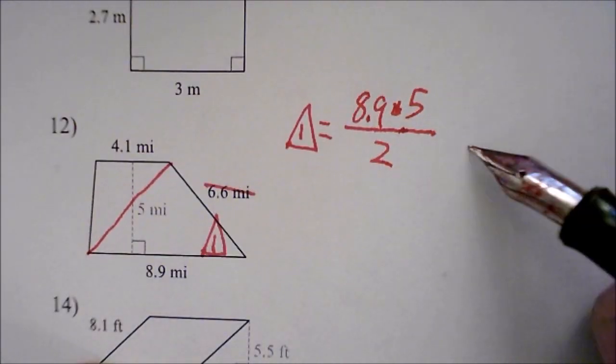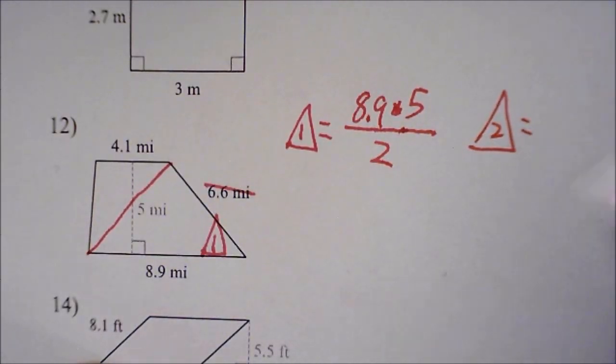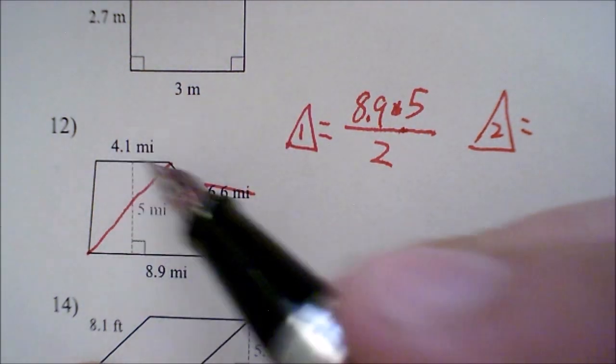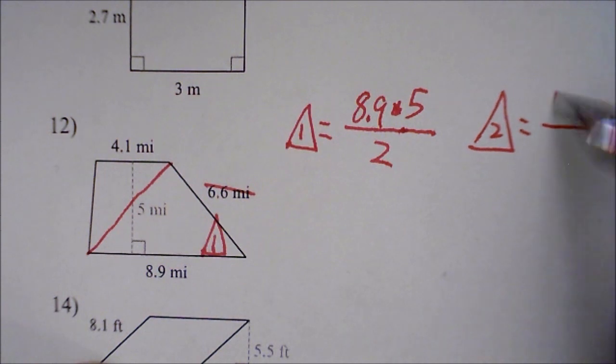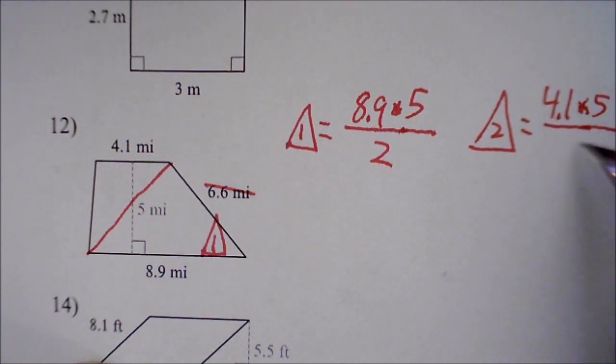Triangle 2 is different, with a base of 4.1 miles and a height of 5 miles. So we will write 4.1 times 5 over 2.